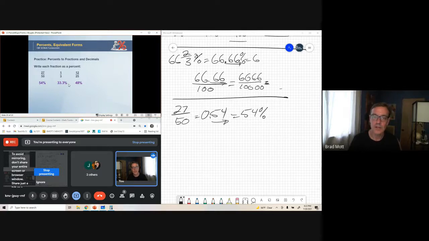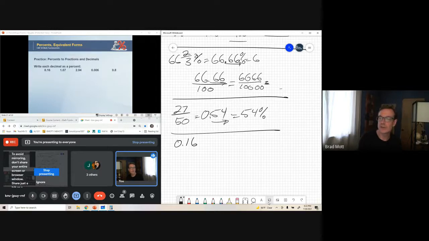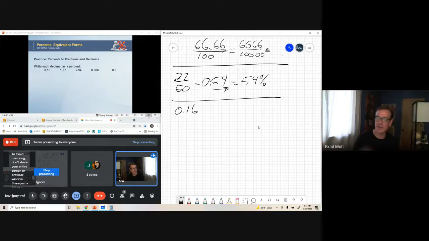Okay, 1/3, same as 33 1/3%, and 48%. And I was wrong. So the last thing we'll do is convert each decimal to a percentage, which you actually just did in the two-step process of converting a fraction into a percent.